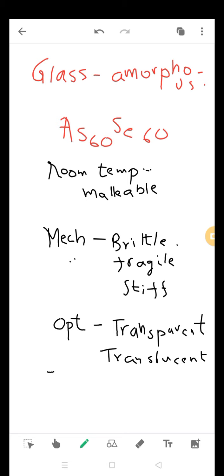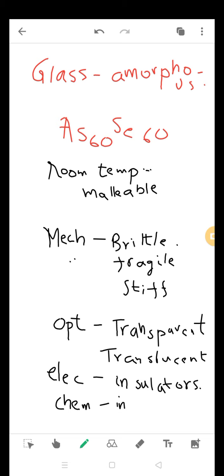And coming to its electrical properties, it is insulating, and it is also chemically inert. Okay, so that makes it durable where chemical reactions are very severe.